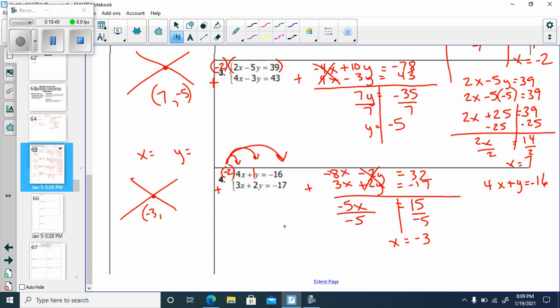Our x is -3, so let's substitute it in here for our x. 4 times -3 plus y equals negative 16. 4 times negative 3 is negative 12, plus y equals negative 16. Let's add 12 to either side. Y is equal to negative 4. Negative 3, negative 4.